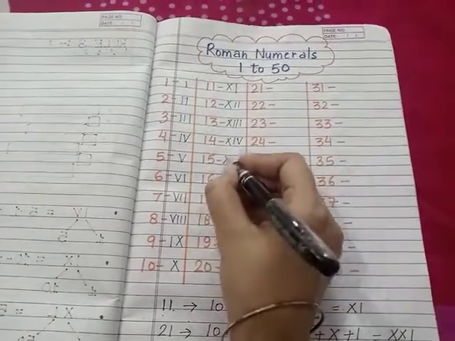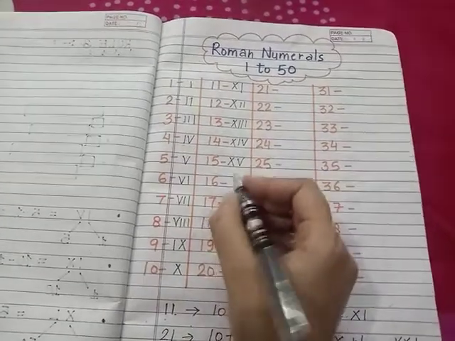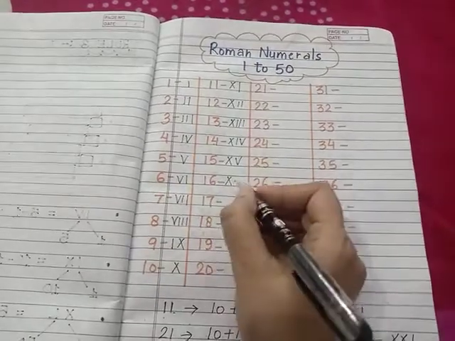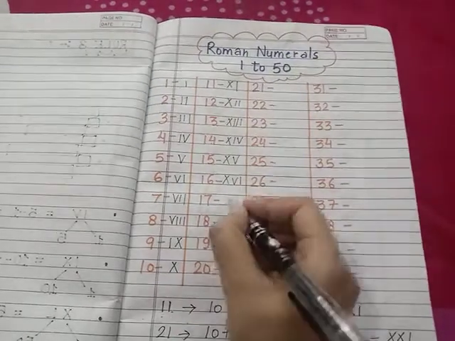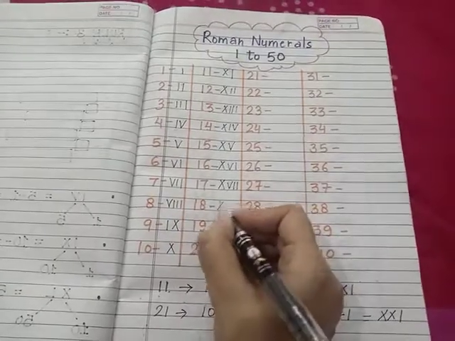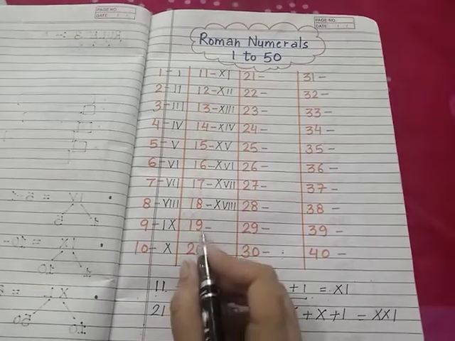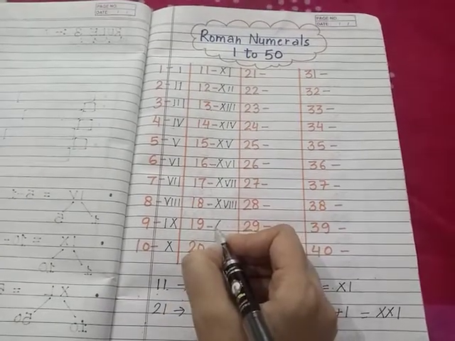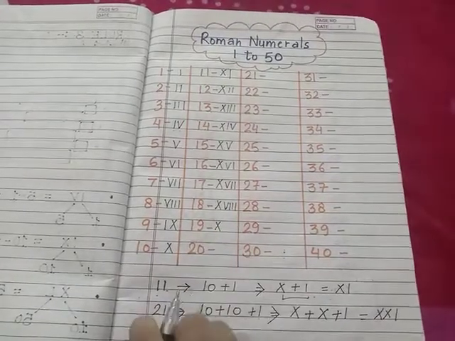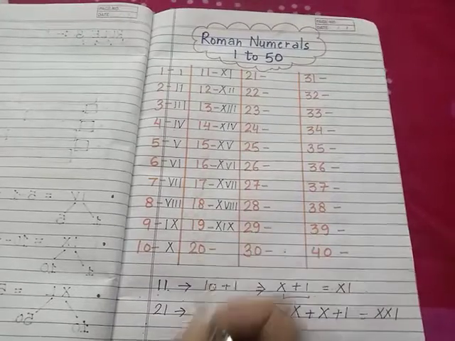For 15, first of all we will write down X and then the Roman numeral for 5. Similarly, X and then the Roman numeral for 6, X and then 7, X and then 8. The Roman numeral for 19: first we will write down X, that is for 10, and for 9, the Roman numeral is IX.